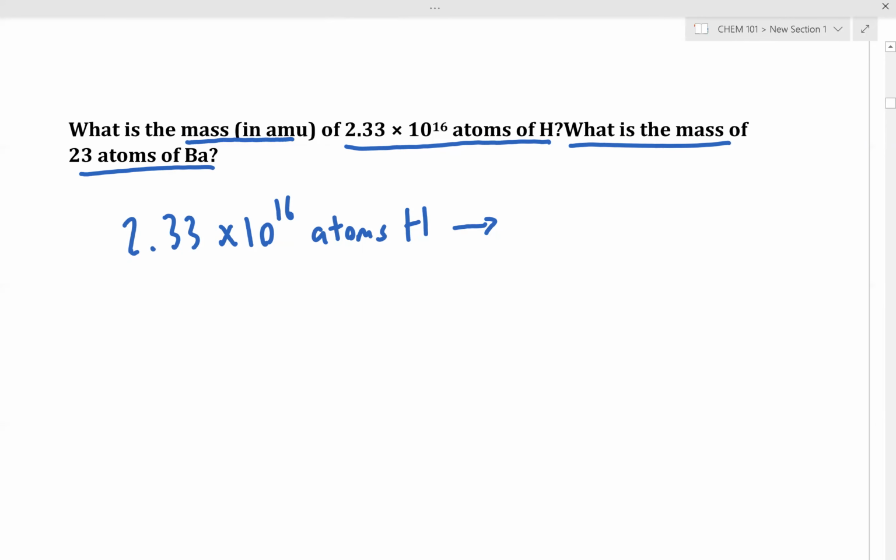AMU. Okay, so instead of going from AMU to atoms, we're going from atoms to AMU. So we're doing the exact same conversion in reverse. So then, do we have a conversion factor that relates the number of hydrogen atoms to the mass of hydrogen atoms in AMU? What conversion factor do we call that? Where do we get that conversion factor?